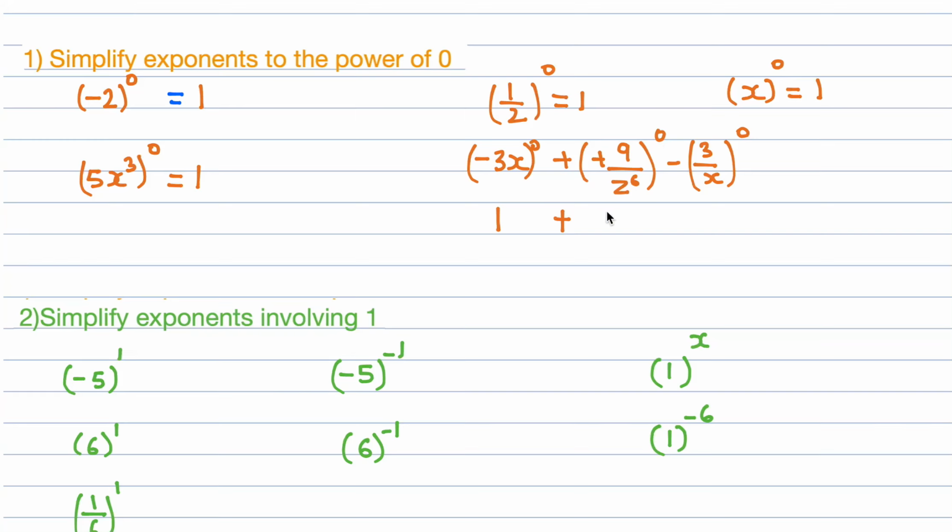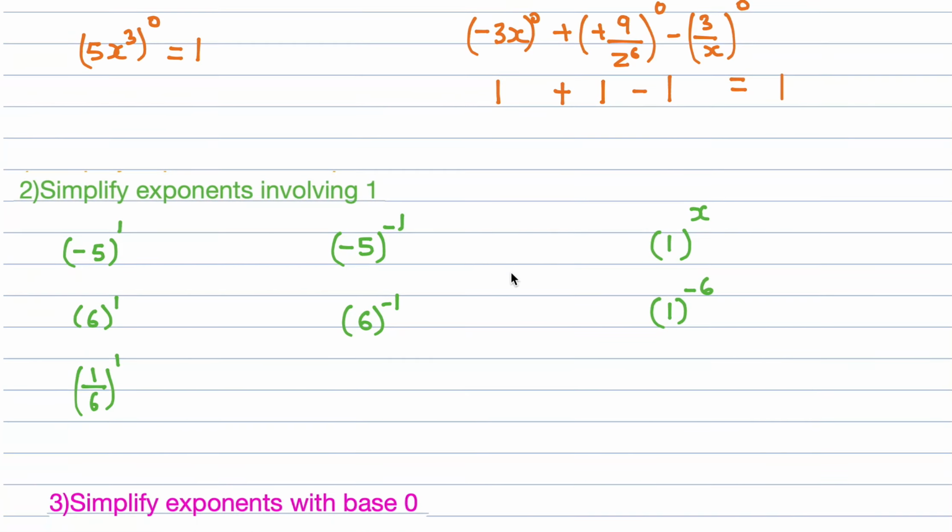As the overall power is 0, it will be 1, and negative 3 over x, this negative sign will be here as it is, and this whole power is 0, this will be 1. So this is 2 minus 1, which is 1. So whenever the power is 0, it's going to be 1, no matter what the base is.